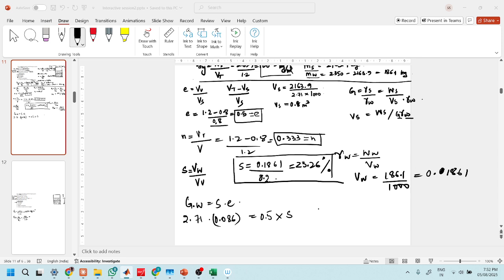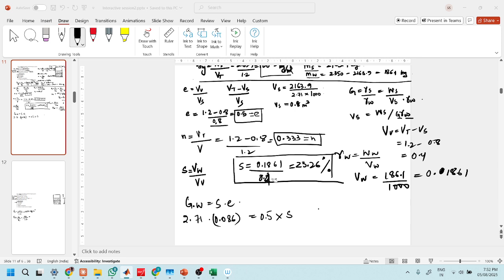Volume of voids, see, somewhere subtraction. Volume of voids equals total volume minus volume of solids. This will be equal to 1.2 minus 0.8, which will be equal to 0.4. So this will be 0.4. So 0.1861 over 0.4.